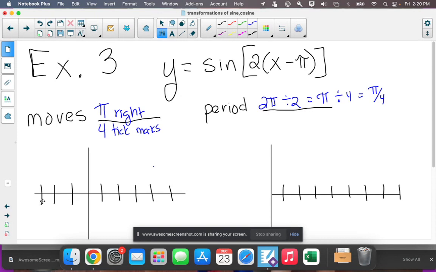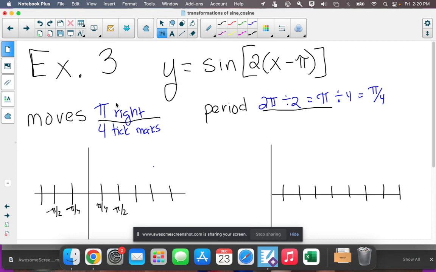If you were graphing from the negative and the positive side, you would have started this, if your period was pi, right? You would have started this at negative pi over 2, and it would have ended at positive pi over 2, right? And each one, negative pi over 4, positive pi over 4, 0, each tick mark would have been 1/4, right? Because that's negative 2 pi over 4, negative 1 pi over 4, 0, 1 pi over 4, 2 pi over 4. That's how you would have graphed it, okay?